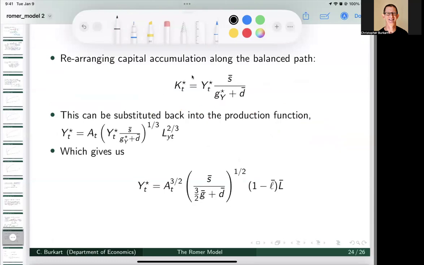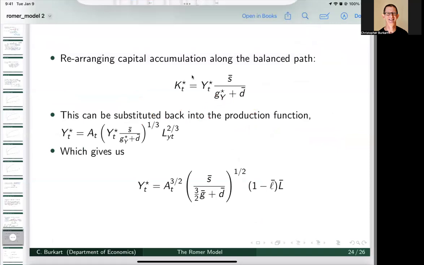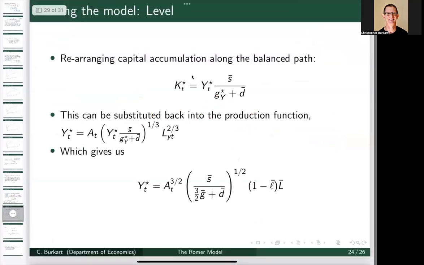Now, we can also go back in here and fill this whole thing out. So now that we've got that balanced growth path, we now know what that balanced growth path rate is, and we know that it's the same as the growth rate of capital.